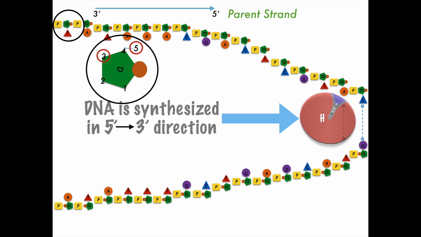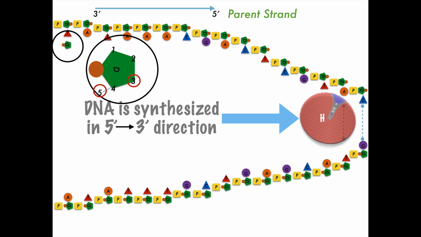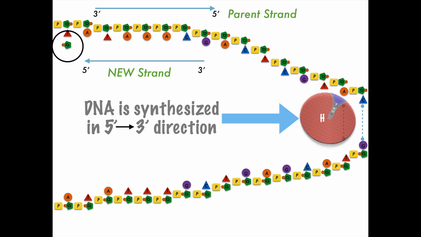That means the 5' end is on the left and the 3' is on the right. This is important when we start to consider the direction that DNA is being replicated. So at the top, our exposed end is the 3' end. And at the bottom, our exposed end is the 5' end, as I mentioned before.